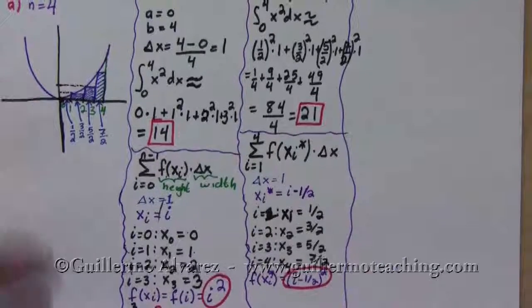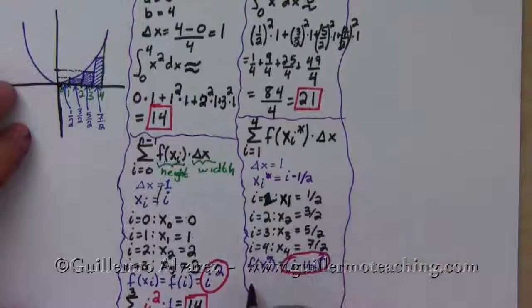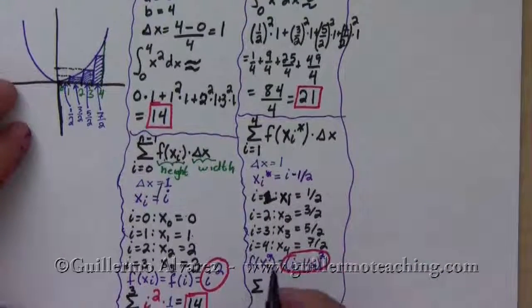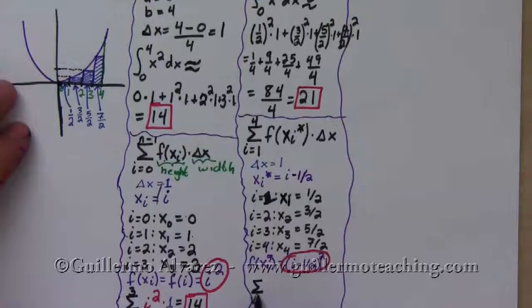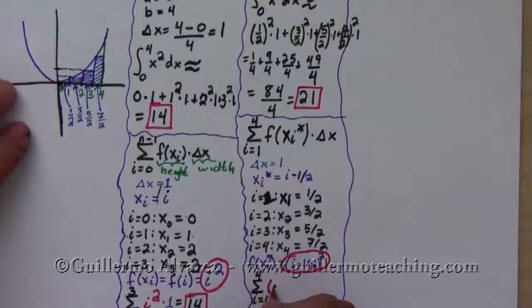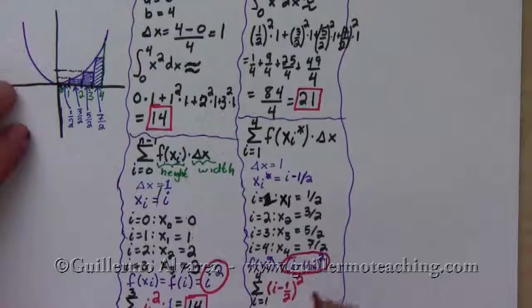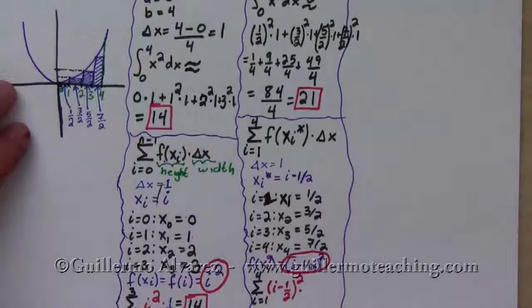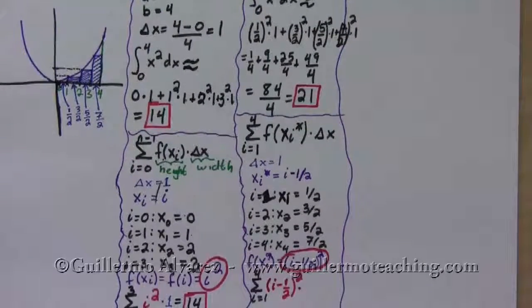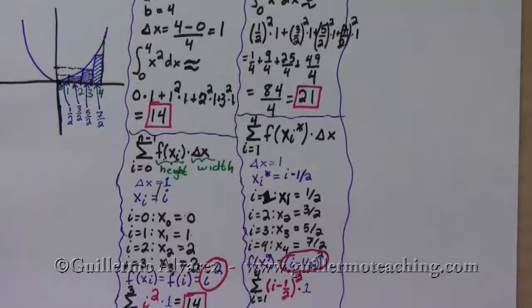So if I write this out as a sum, it's going to be the sum from 1 to 4 of (i minus 1/2) squared, times delta x, which we just decided is 1.